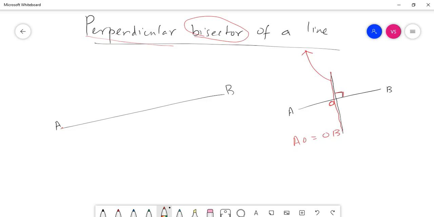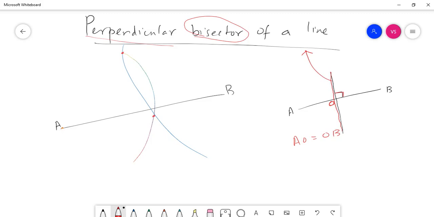Take that as radius, keep your compass here and draw one arc, a semicircle. Now use the same radius, come to B, keep it here and draw another arc like this. So you will get 2 points. These two arcs will cut here and cut here. Of course, I have not drawn it properly, but this is the way you should do it.